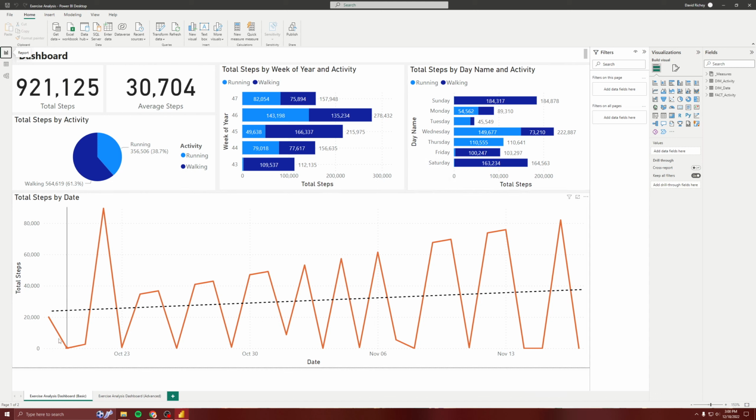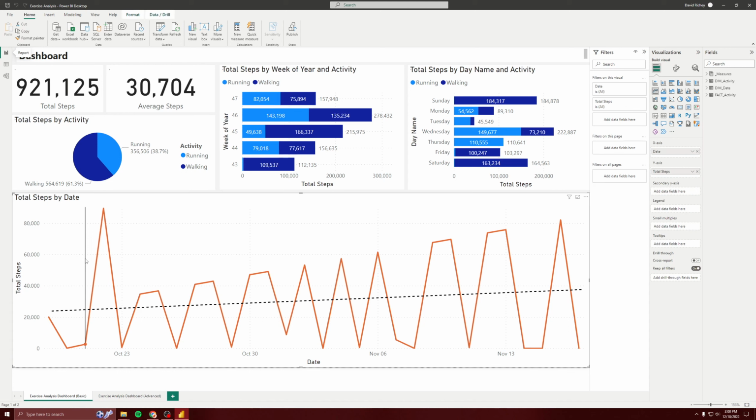And then this is by date using a line chart, and this is the average trend line. So total steps is really high here on this date of October 22nd, and it almost reaches it here on November 16, 82,112. So yeah, there's that.